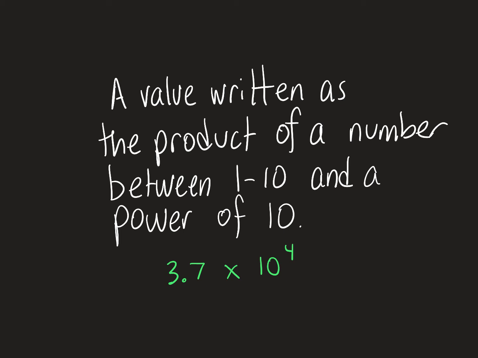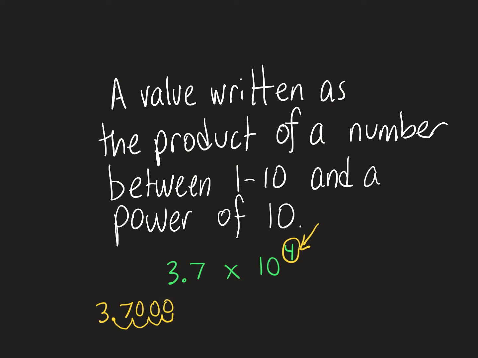This 4 tells us the number will be bigger, because it is a positive number. That means you move your decimal place that many spots to the right. I like to leave those little spaces and then fill them with zeros. So 3.7 times 10 to the 4th, as a number, is 37,000.